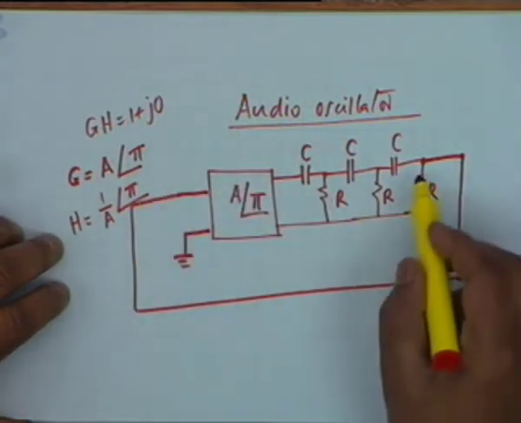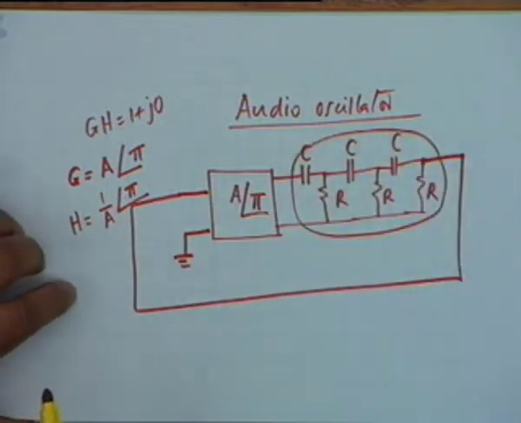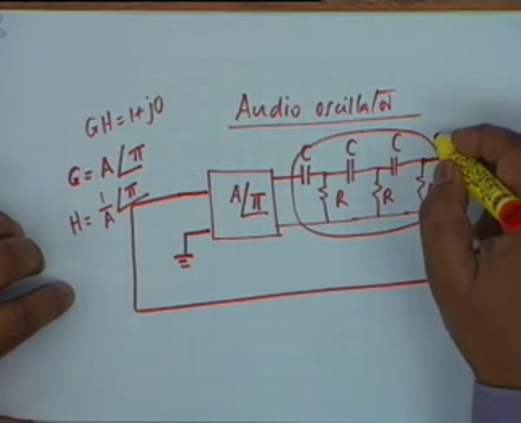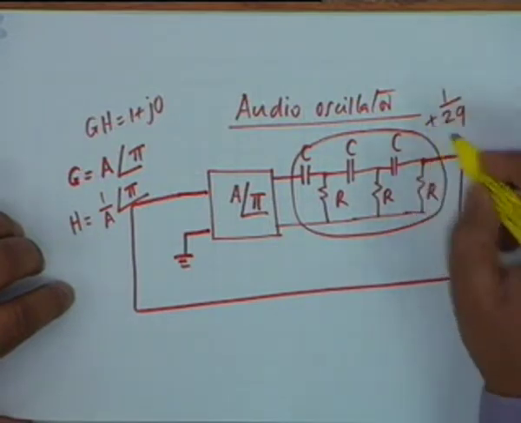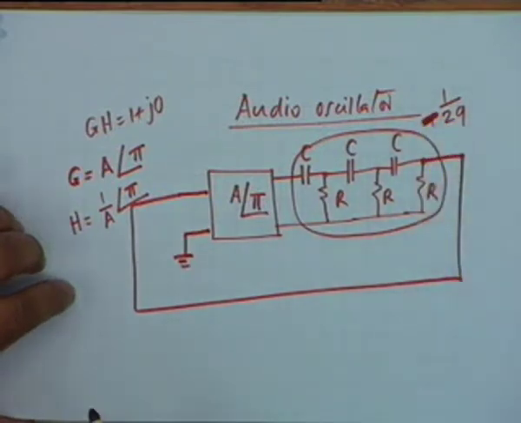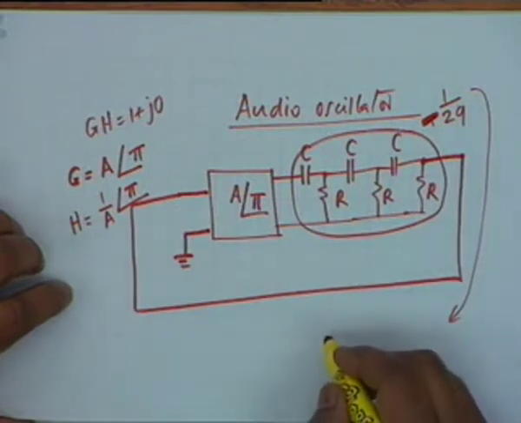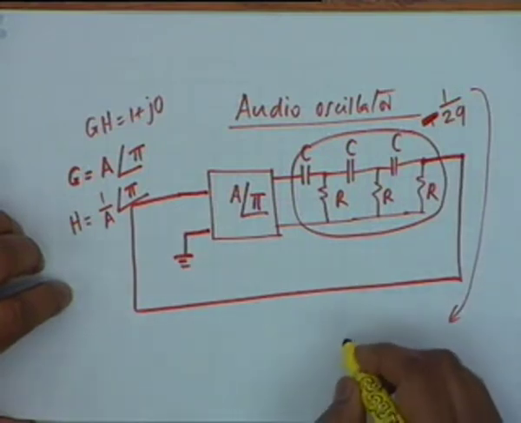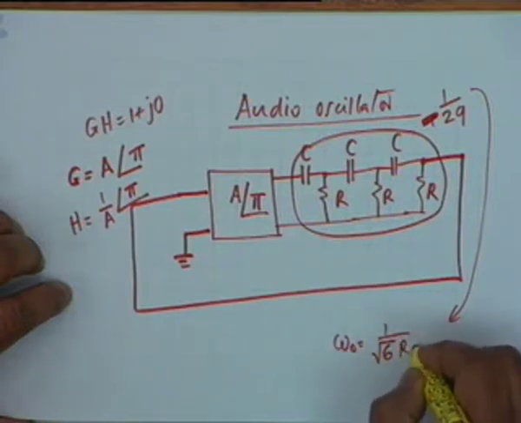This network, this 3-stage CR network, can give a gain of minus 1 by 29 at the frequency which you can analyze. The frequency is given by 1 by root 6 RC.